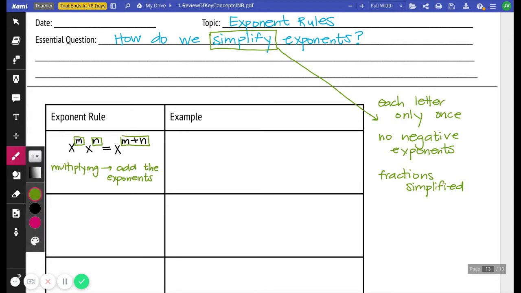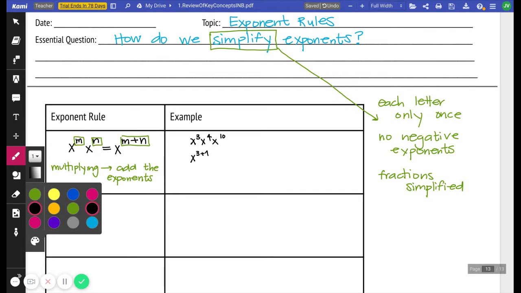A couple quick examples. Let's say I've got x to the 3rd, x to the 4th, and x to the 10th. Then I add the exponents, 3 plus 4 plus 10, and I get x to the 17th. Let's say I've got 2y to the 5th times 3y to the 7th.